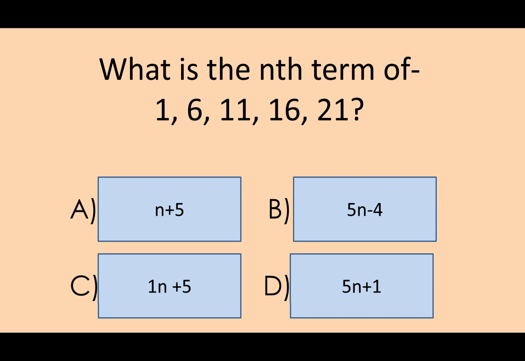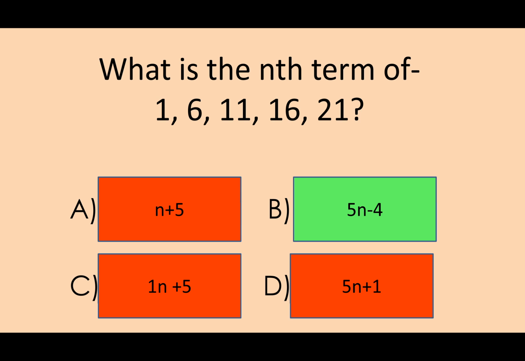Amar says B. Tabin, B. Zach, B. Ahmed Chini, B. Okay, let's find out. 3, 2, 1.